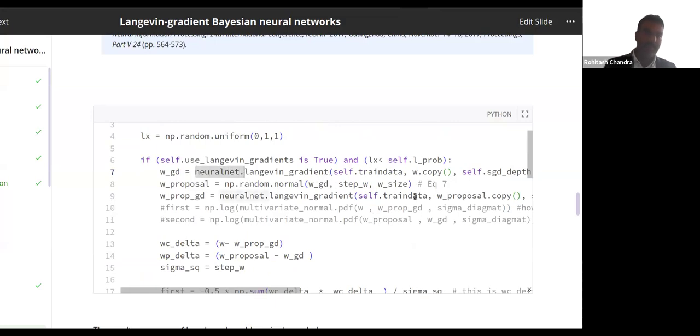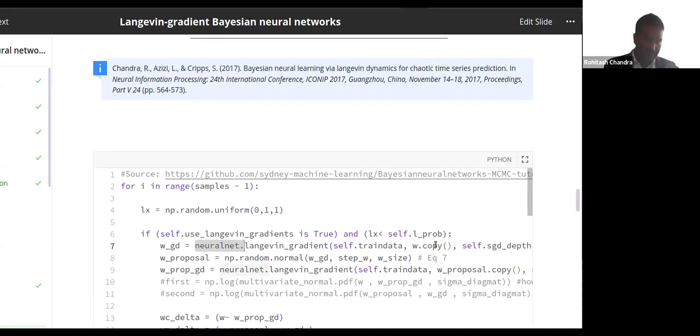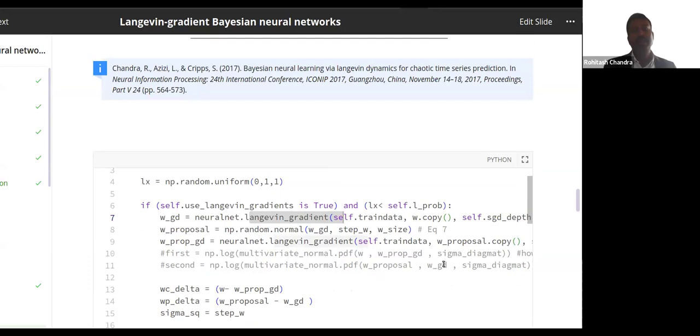What we do is, whatever the current weights and biases are at this step, we pass that to the Langevin gradient function, and then we get the gradients. That function returns the gradients. We take the gradient and put it as the center in the normal distribution, and we put a step size as your variance, which is a user-defined parameter.